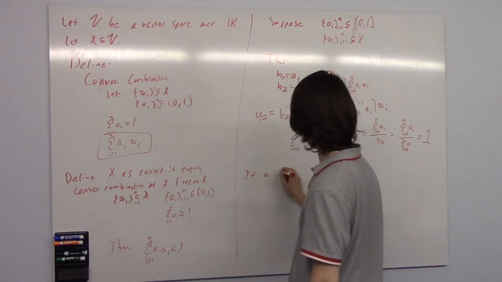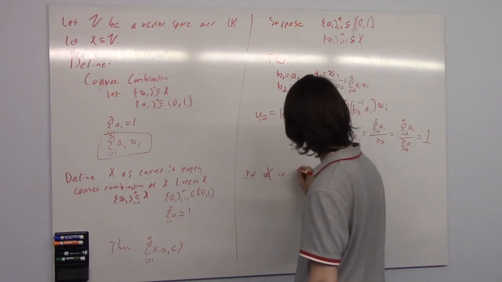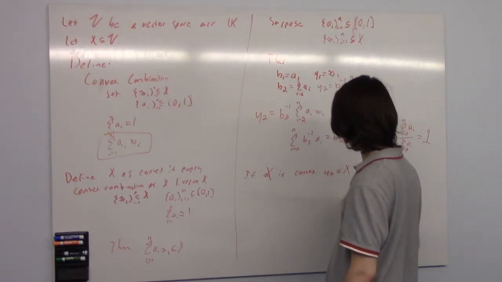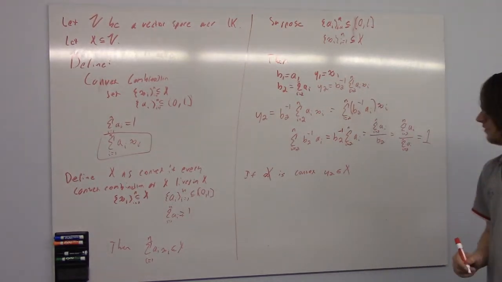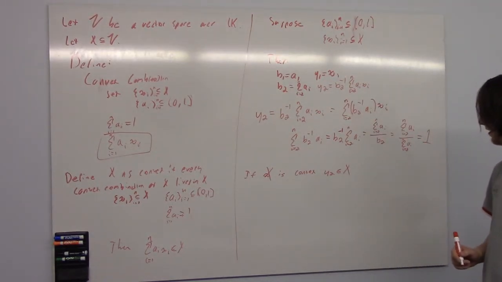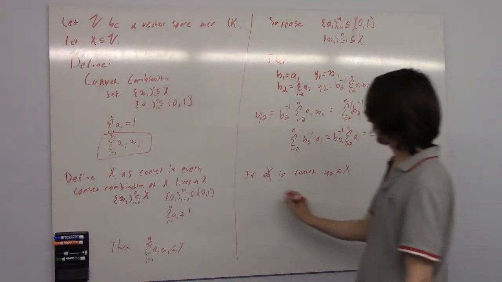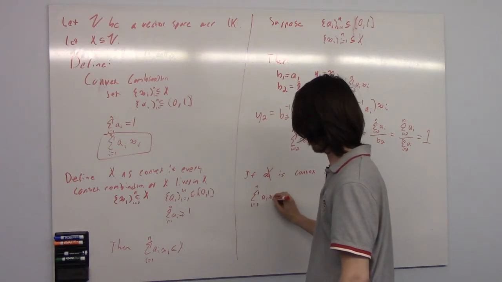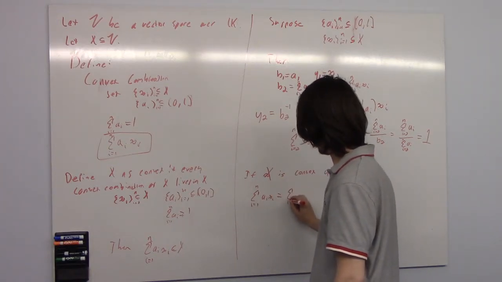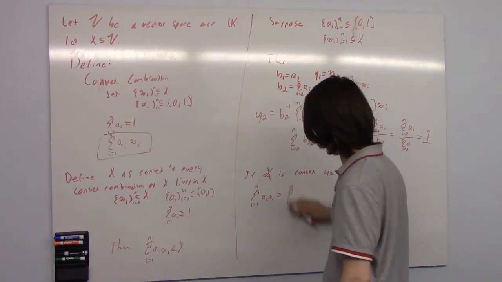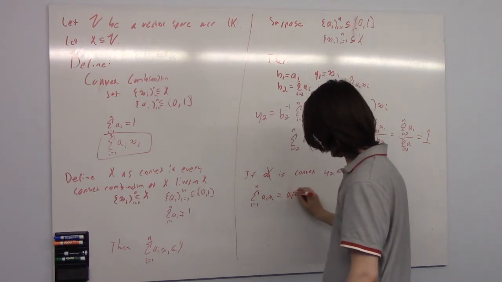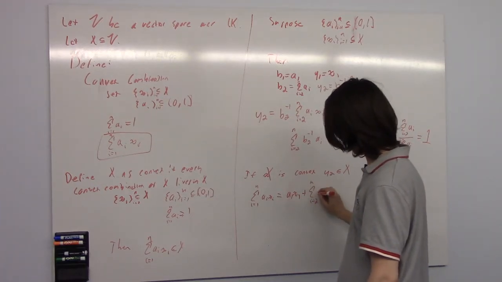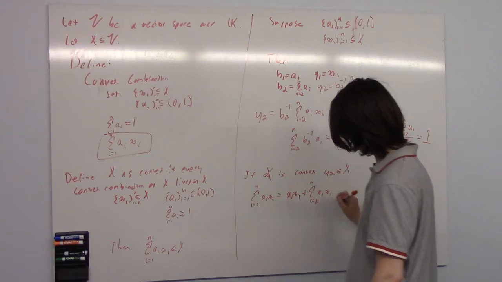If X is convex, y2 is still in X. Okay? And we see the sum from i equals 1 to n of ai xi equals a1 x1 plus the sum from i equals 2 to n of ai xi.